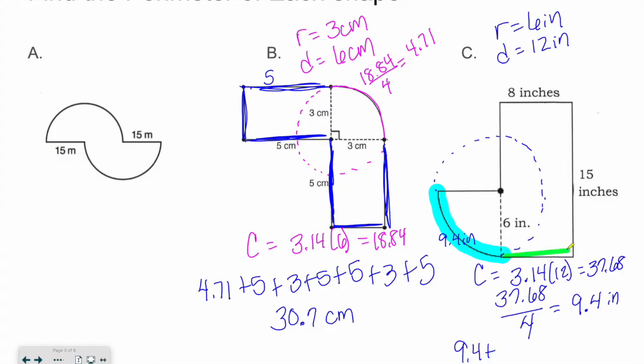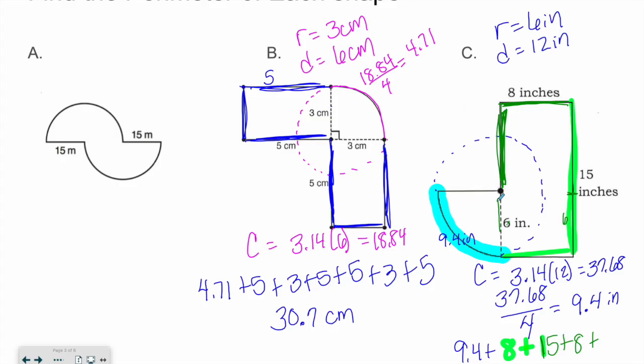So as I walk around, I have the 9.4 plus this side, which is the same as the top of 8, plus 15 plus 8. Now, this part right here is not the whole 15. The 15 includes this 6 that's part of my radius.